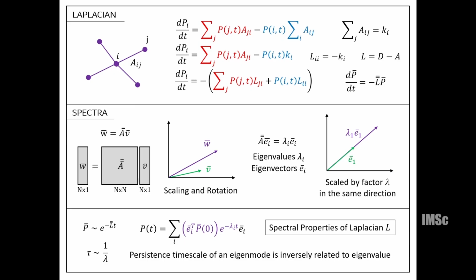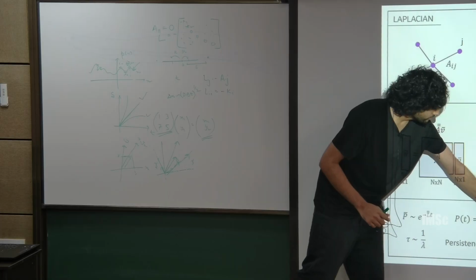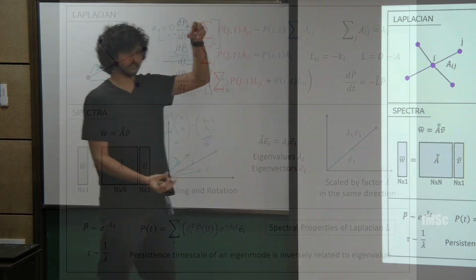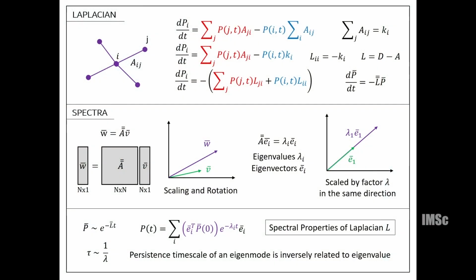You can rescale it by some factor, this exponential factor, I'll come to that, and it's along some particular eigenvector. So what you're doing is taking the initial density, projecting the components along the eigenvectors, evolving them independently by some scaling factor, and adding them up. And when you add them up, you get the density at some particular time t. And the time comes in through the scaling factor.